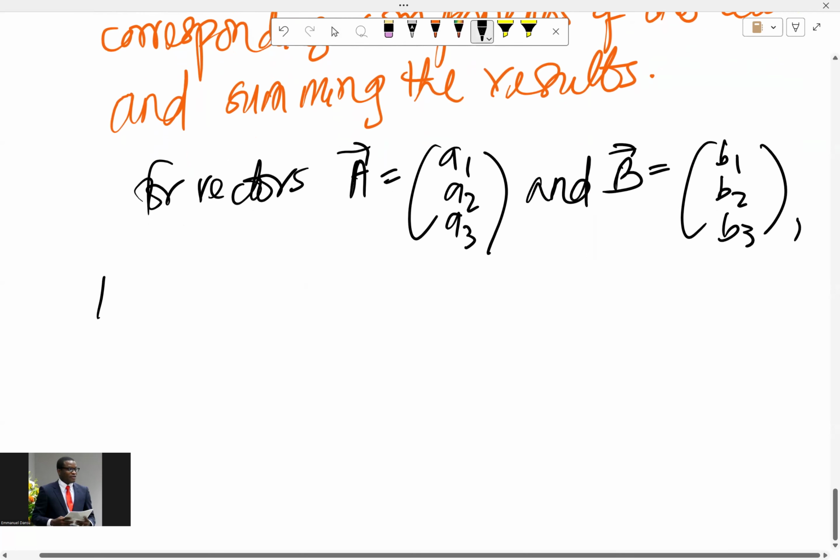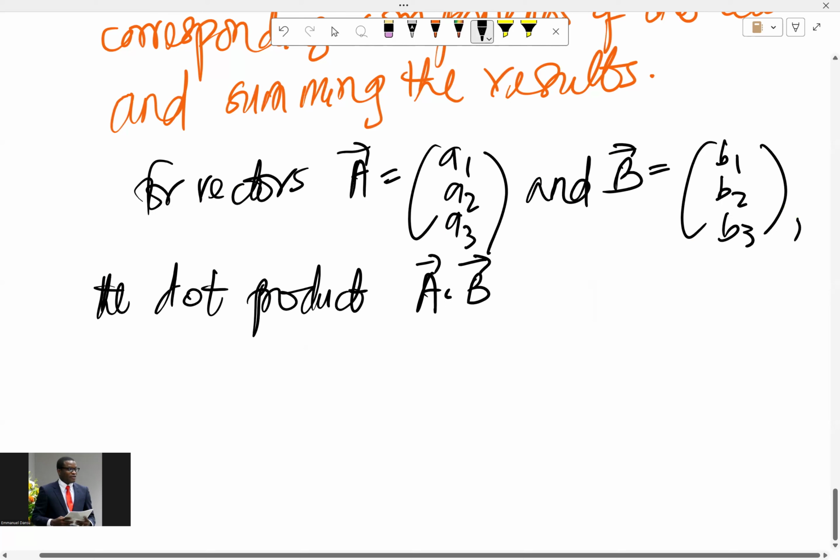the dot product A dot B is given like this.